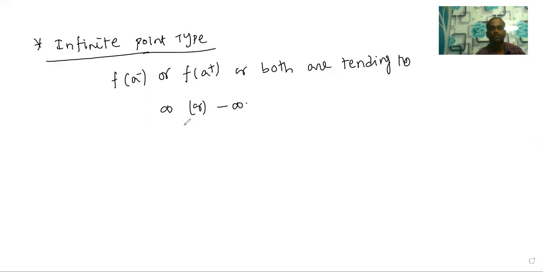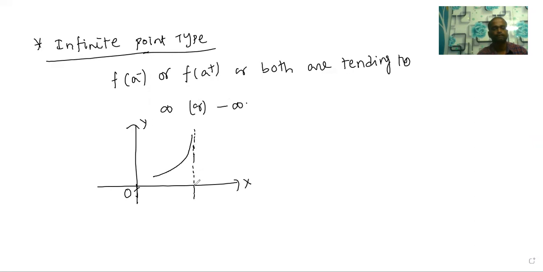Here, the given point is A. So the graph at x is equal to A may be approximately like this. Here clearly, when x is tending to A plus, f of x is tending to L. That means right hand limit of the function at A is L, which is finite.